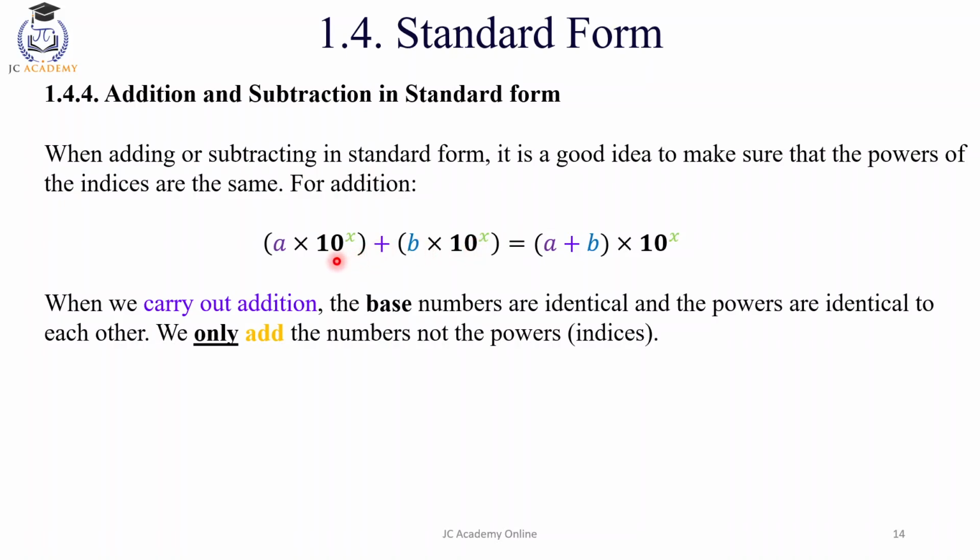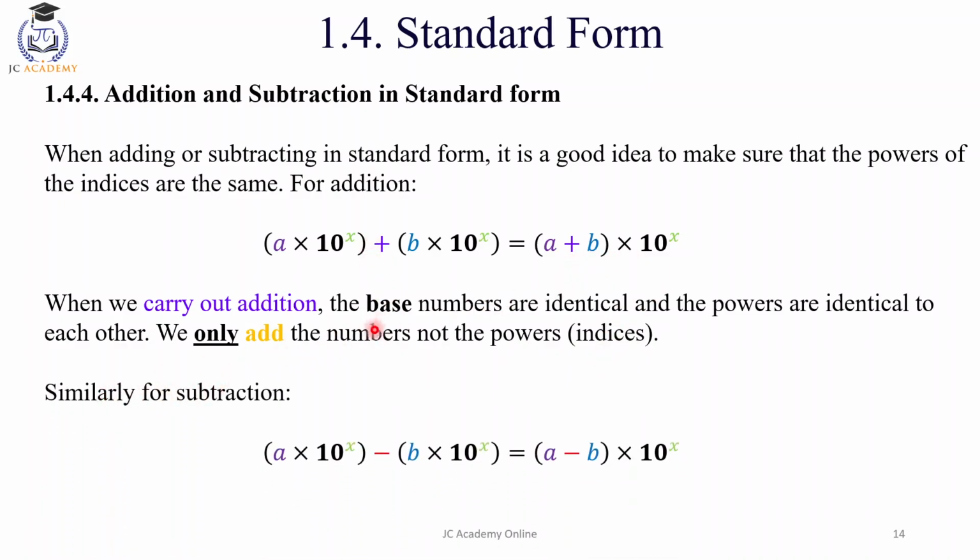Notice it's 10 to the power of x, 10 to the power of x. As long as they are the same, then we can do this. If they are different, we cannot do this. So we carry out addition when the base numbers are identical and the powers are identical to each other. So we only add the numbers, not the powers. Okay.